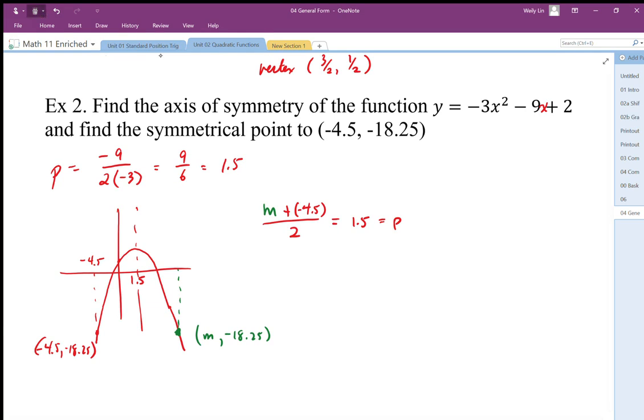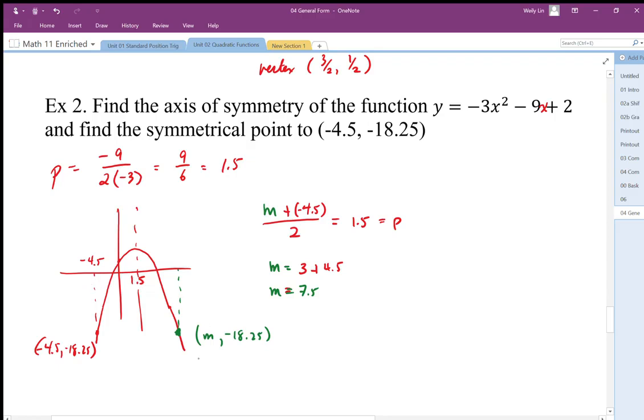I end up with m equal to 3 plus 4.5, so we get an m value of 7.5. That's about right, because it's 6 this way, so it should be 6 this way.